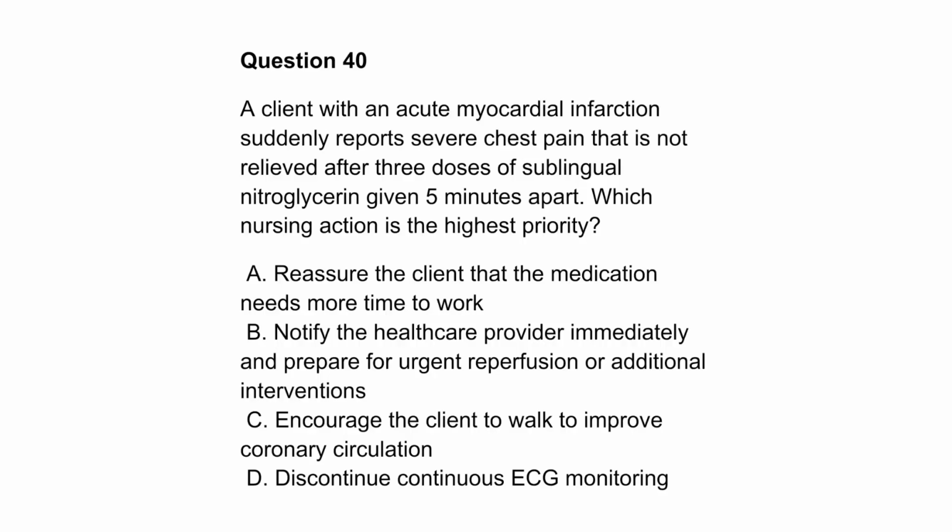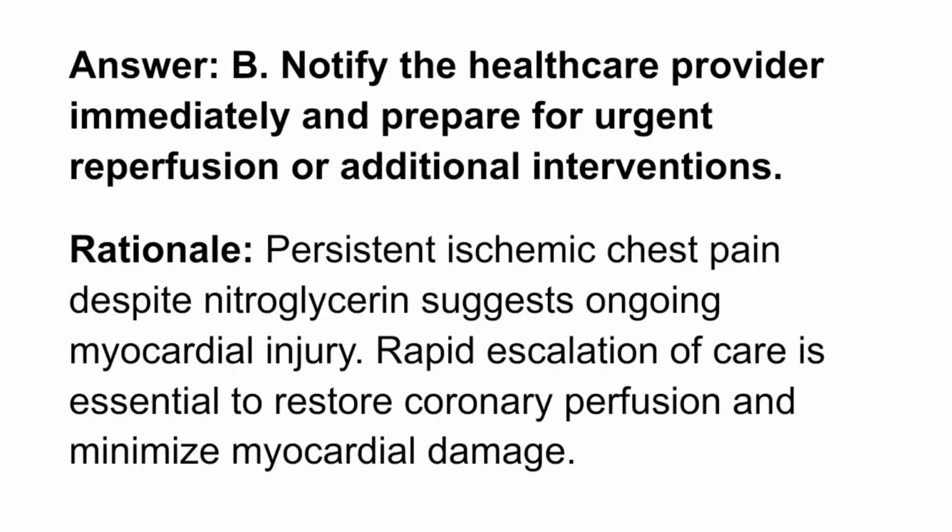C. Encourage the client to walk to improve coronary circulation. D. Discontinue continuous ECG monitoring. Answer: B. Rationale: Persistent ischemic chest pain despite nitroglycerin suggests ongoing myocardial injury. Rapid escalation of care is essential to restore coronary perfusion and minimize myocardial damage.